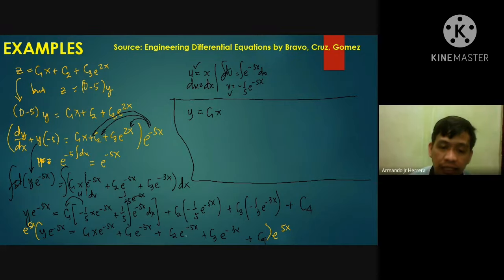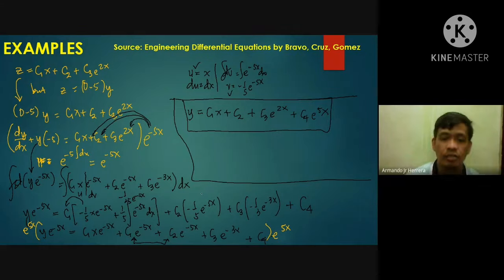Magka-cancel ito at magka-cancel. Matitira na lang ay C1 plus C2, is still a constant. That is, we will retain as plus C2, because C1 plus C2 is a constant, so iname pa rin natin siya as C2. Then C3 e to the minus 3x times e to the 5x is C3 e to the 2x. And then finally, C4 e to the 5x. So this therefore is the general solution.